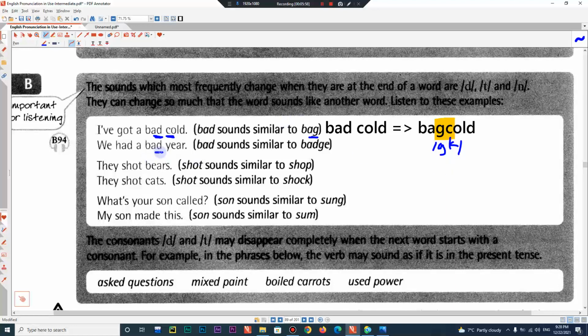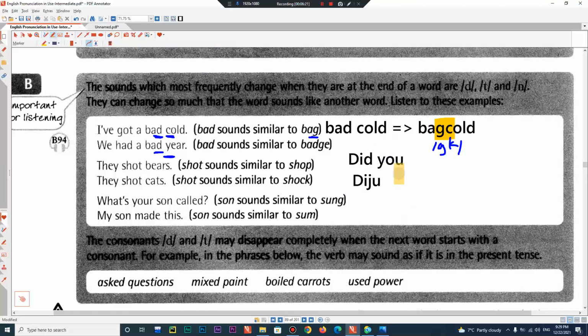We have another example here. De and ye. This one changes to badge. And I'm sure you have seen this in my listening lessons. In my listening lessons, I told you, did you can change to did you, right?